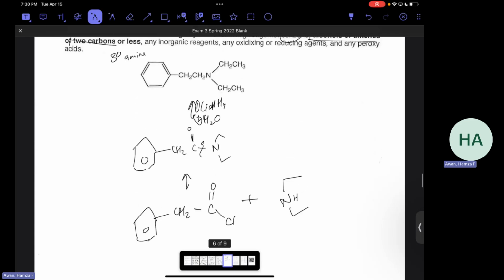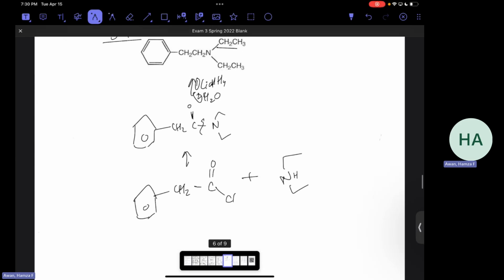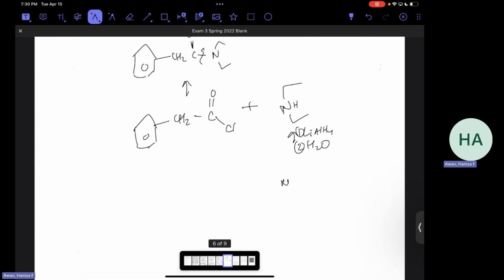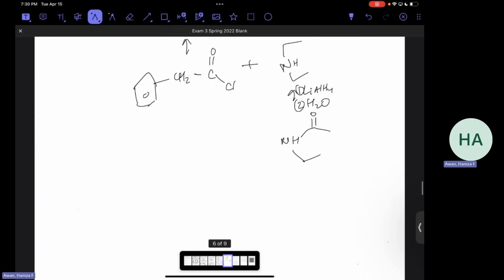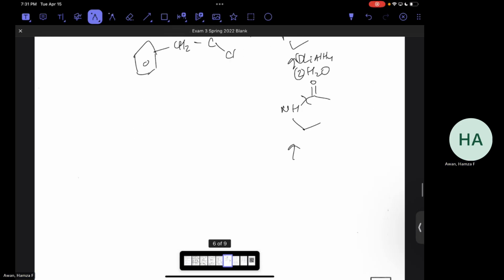One thing we notice is that the secondary amine and tertiary amine can both go through the same reactions. So one thing we can do here is LiAlH4, then H2O. This NH is going to have one group that's an oxygen to make it an amide, and the other one just chilling like that. And we can do the same thing again, right?